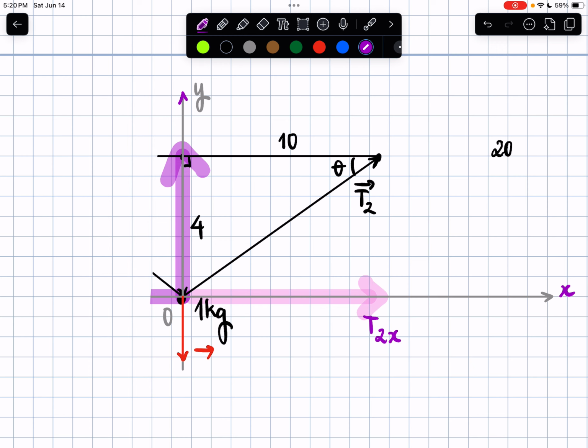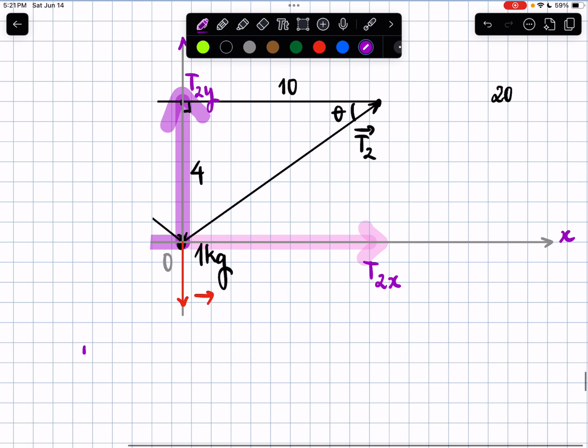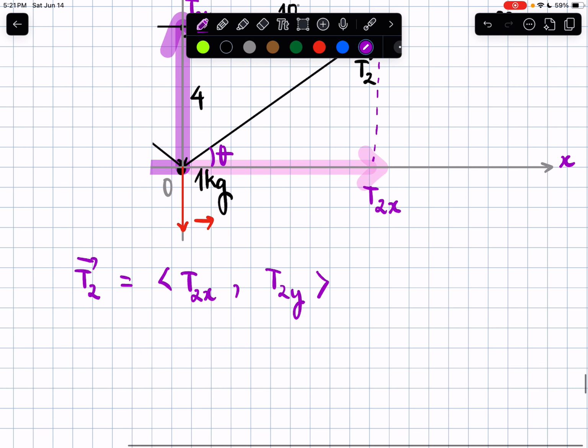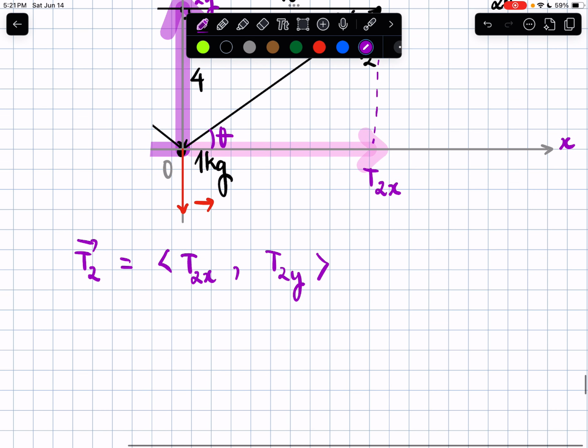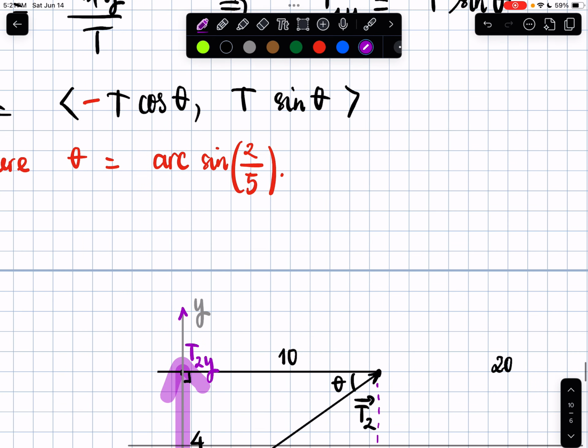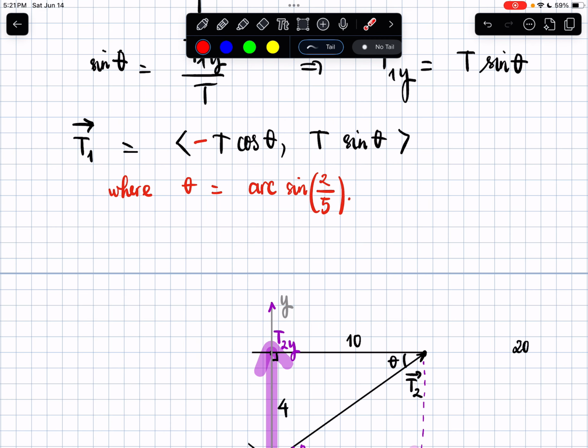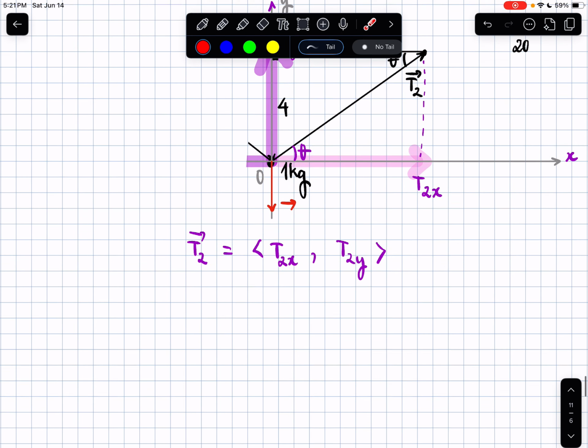The vector is T2x, comma T2y. This is angle theta, which we already computed: arcsine of 2/5.